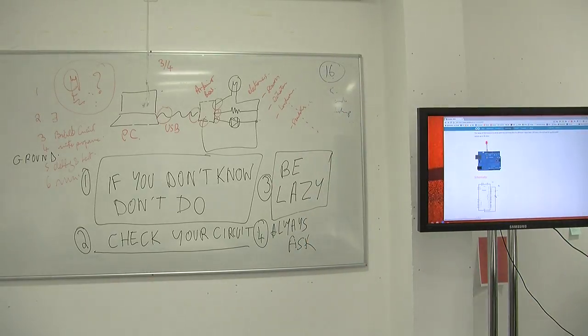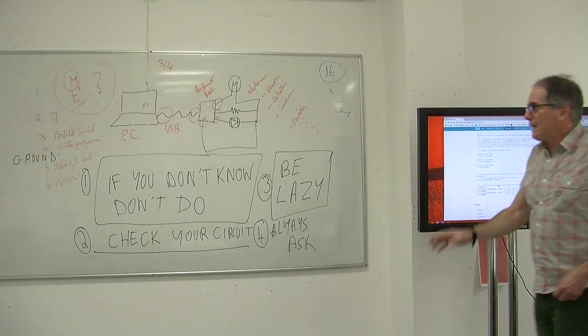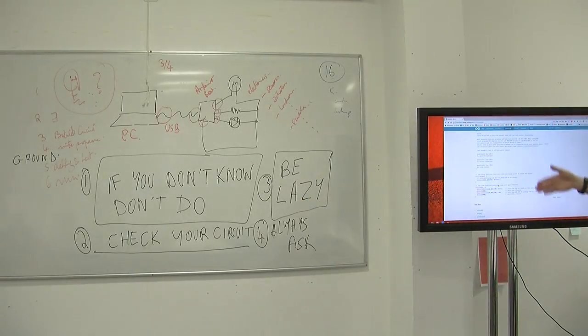So when we are, we need to copy and paste the program. Why? Because that's the third rule. We have to be lazy. So we can write the program, or we can just copy and paste it from here. Which one is the laziest? Thank you.